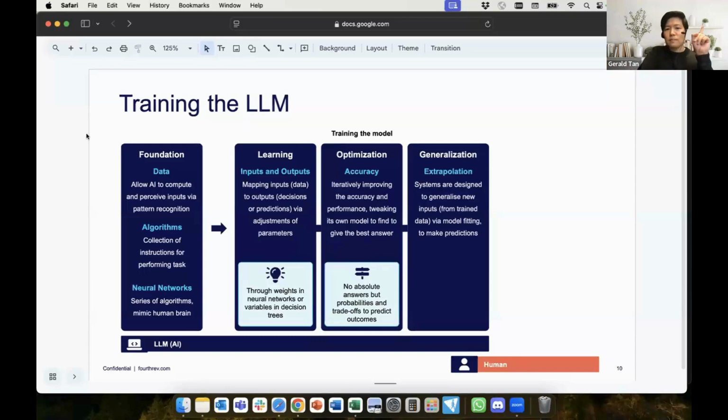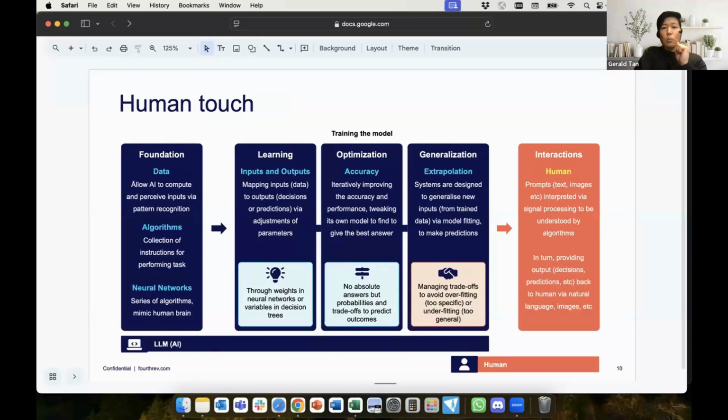So all this blue bit happens in a large language model, but us as humans, we come in, right? So we fine tune it. We manage the trade-offs. If you overfit something, so you put too much data onto something and you're very specific, it's very niche and it cannot go outside too far. Whereas if you underfit it, it's way too general.